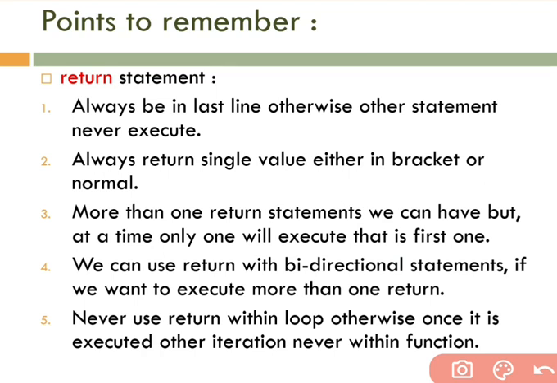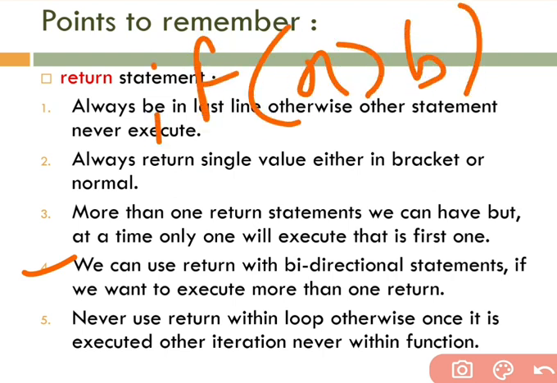Then see what happened. And after that, the fourth one, we can use return with a bidirectional statement if we want to use it. If I'm writing if a is greater than b, then return a, else return b.